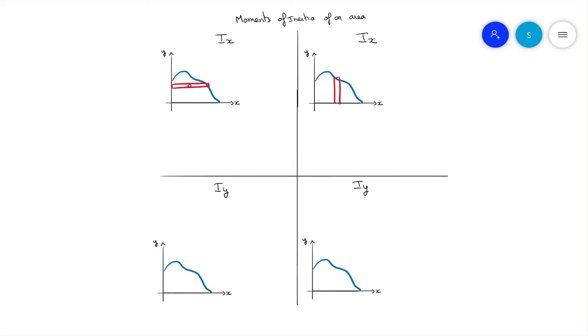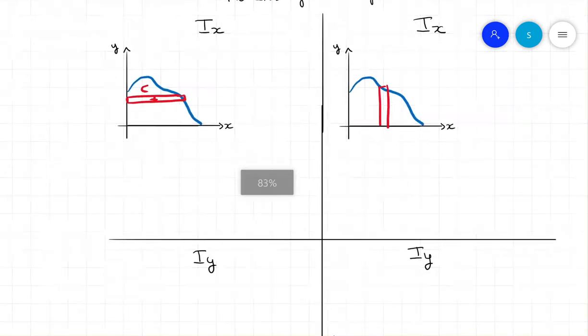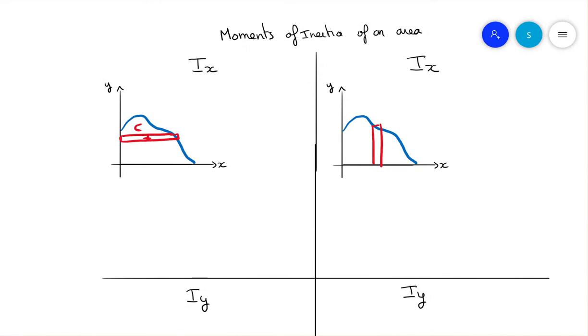And this is the centroid of the little element dA. This element dA, so that's x and that's dy. So the little element of area is dA equals x dy. Now what we want is the Ix.